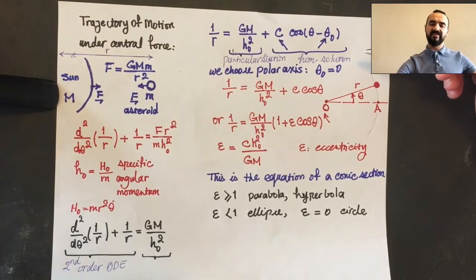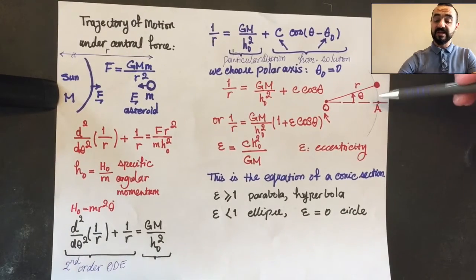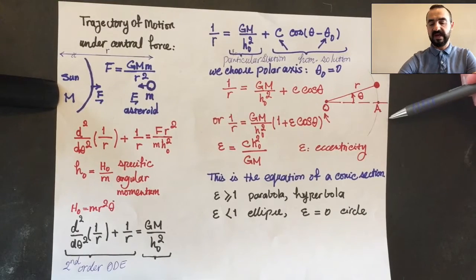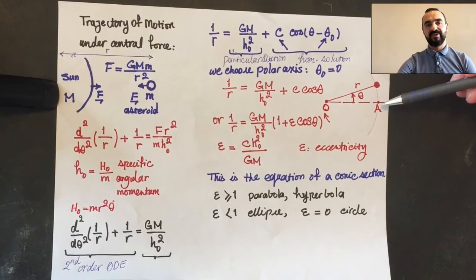Remember that when we derived the equation of motion for motion under a central force, we did it in that radial transverse frame. So theta 0 is the initial angular position with respect to this horizontal axis. If I set my initial position to be point A, theta 0 is going to be equal to 0.